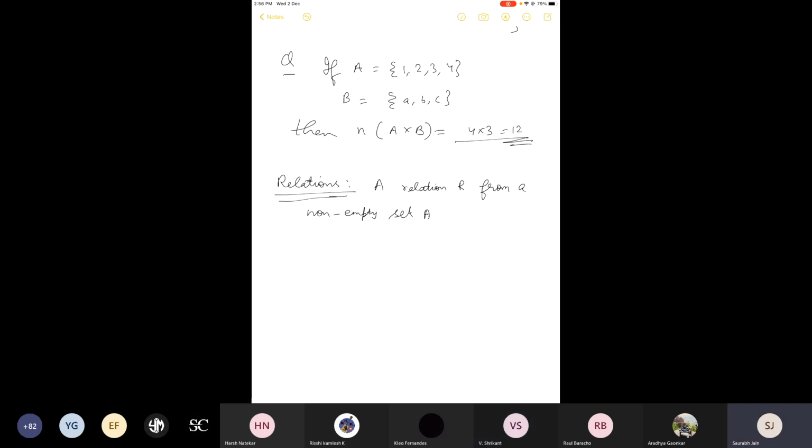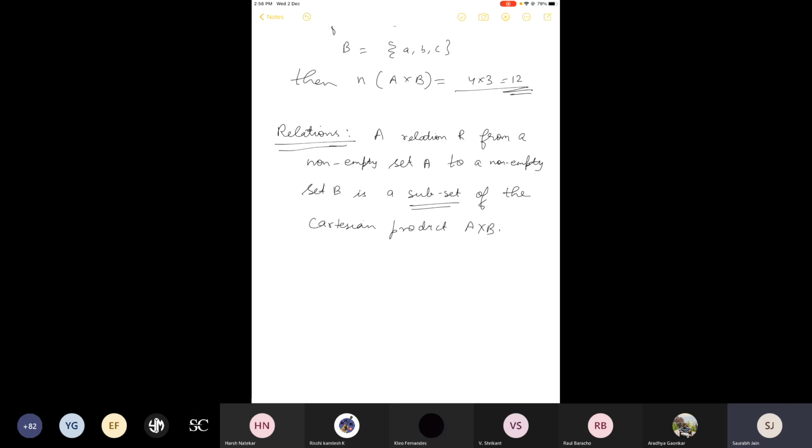A relation R from a non-empty set A to a non-empty set B is a subset, this is the key term, subset of the Cartesian product A cross B. Now we all know what are subsets. There are some important points here. Domain: what is domain?